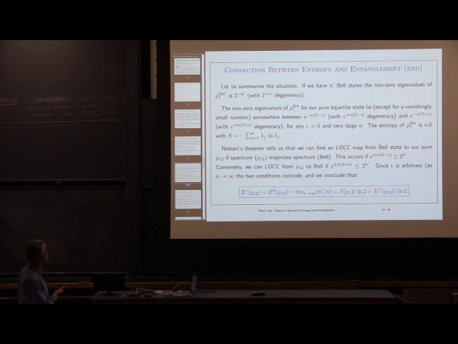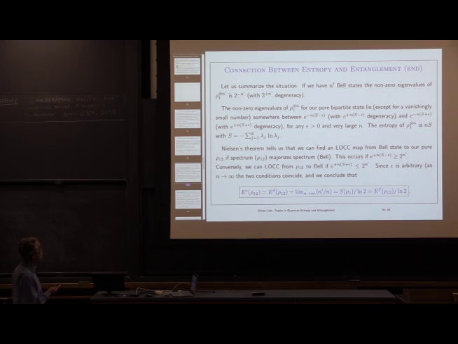The non-zero eigenvalues of rho 1 to the nth for our pure bipartite state, n is different from n prime, lie, except for a vanishingly small number in terms of the norm, measured as eigenvalues, somewhere between this value and, with the degeneracy, e to the plus that number, and e to the minus this with that much degeneracy, for any epsilon positive. I don't want to take epsilon 0 because I don't want to tell you it's exactly this number, but it's in a very tiny band. And I can make that band as tiny as I like as n goes to infinity.